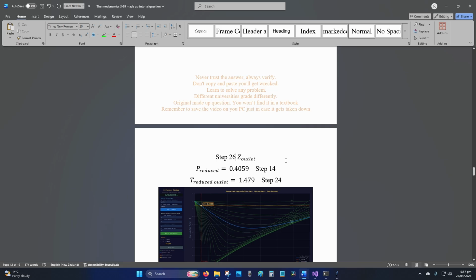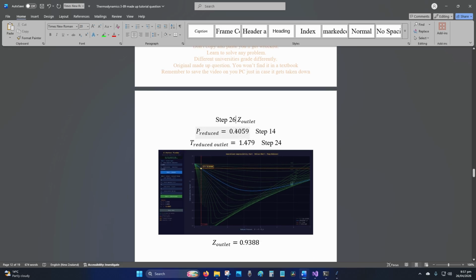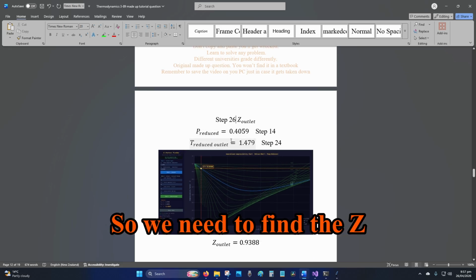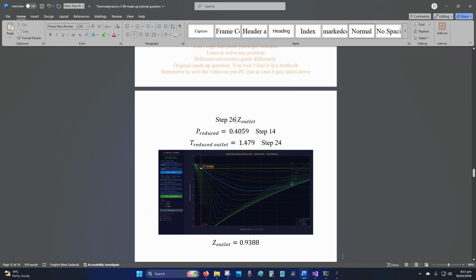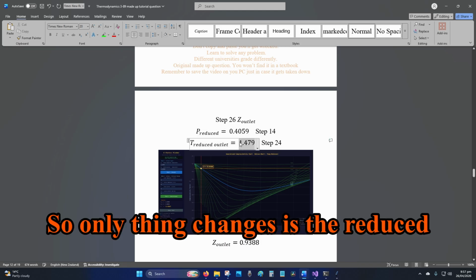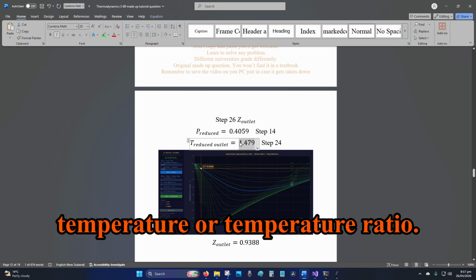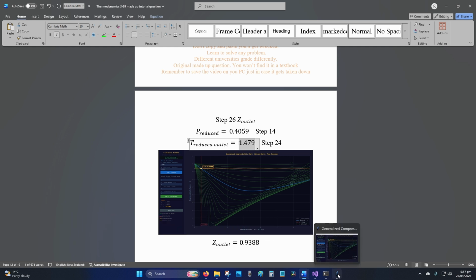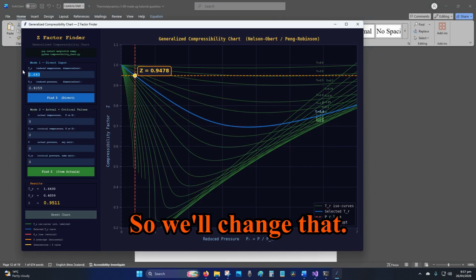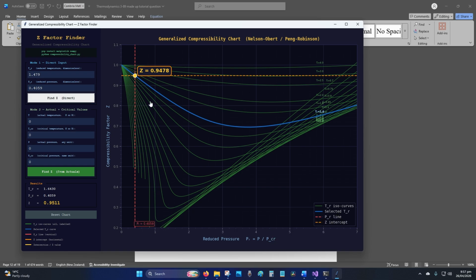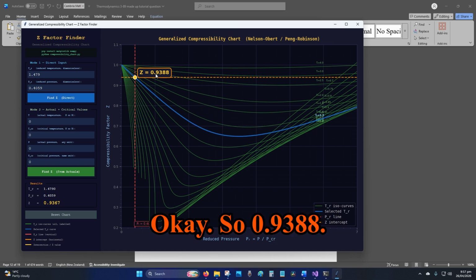Step 26. So we need to find the Z factor. We'll plug it in again. So the only thing that changes is the reduced temperature or temperature ratio. So we'll change that. Okay, so 0.9388.